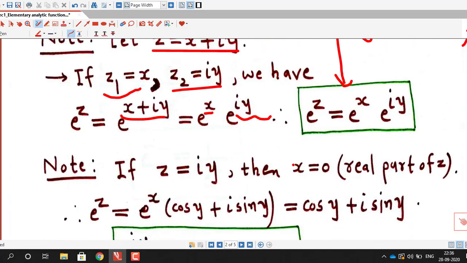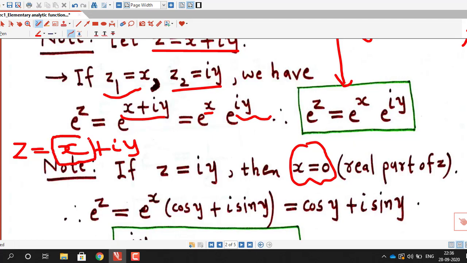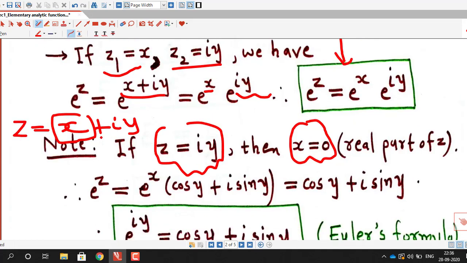Now if the real part of z is 0, then z will be i into y. In z equal to x plus iy, if x is 0, z is pure imaginary, i into y. So in that case, because x is 0, in the definition of e raised to z, we have to put x equal to 0.